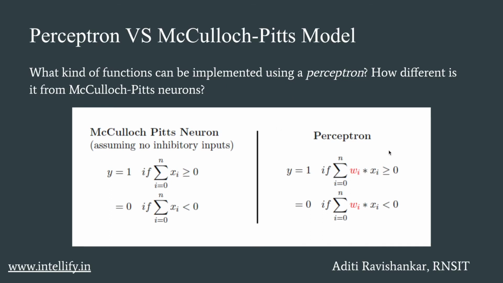All the inputs that produce an output 1 will lie on one side, that is the positive half space, and all the inputs that produce an output 0 will lie on the other side, that is the negative half space. In other words, a single perceptron can only be used to implement linearly separable functions, just like the McCulloch-Pitts model.